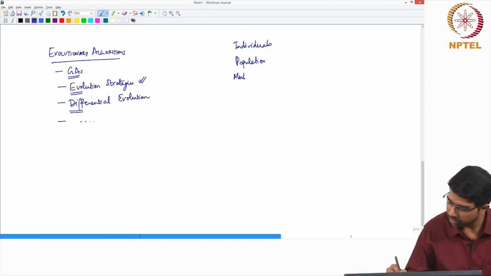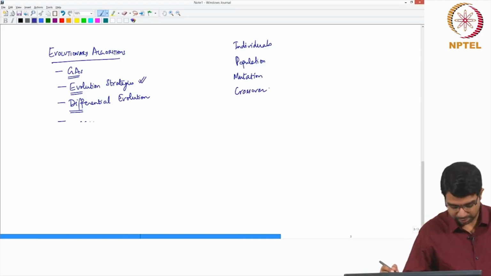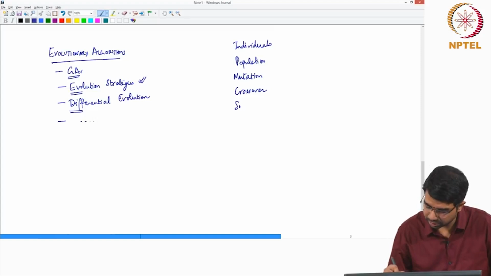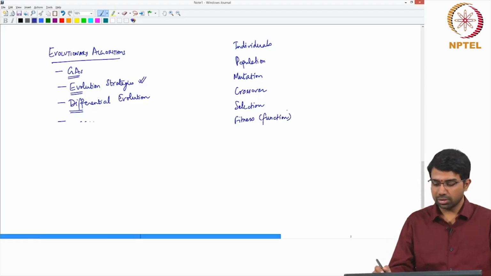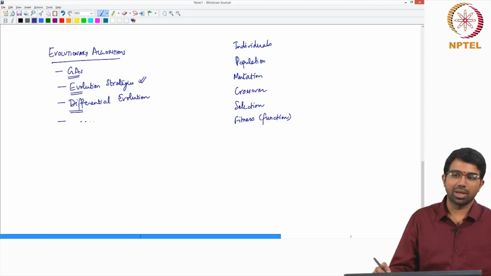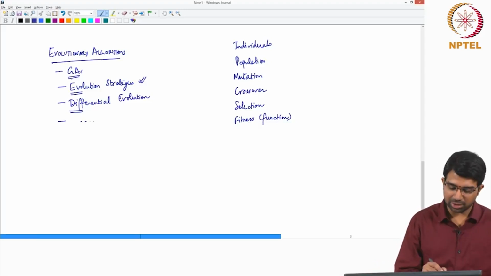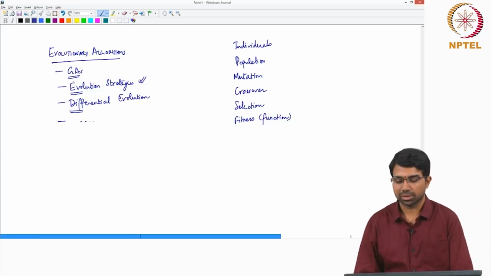So it involves mutation, crossover, and then there is selection, that is important, and selection happens based on fitness. In fact, you call it here a fitness function. All these are essentially biological terms which have new connotations in the context of evolutionary algorithms.